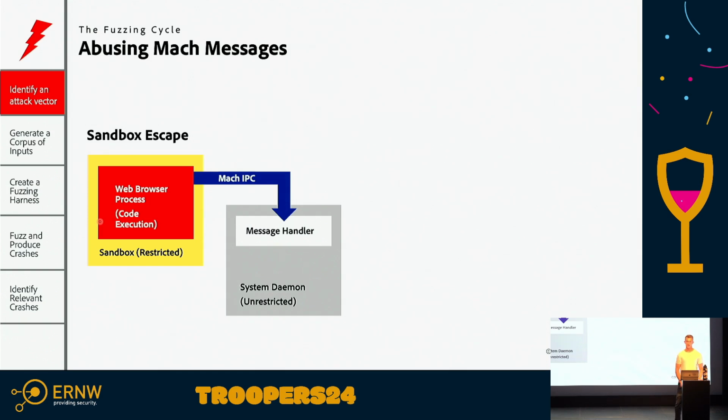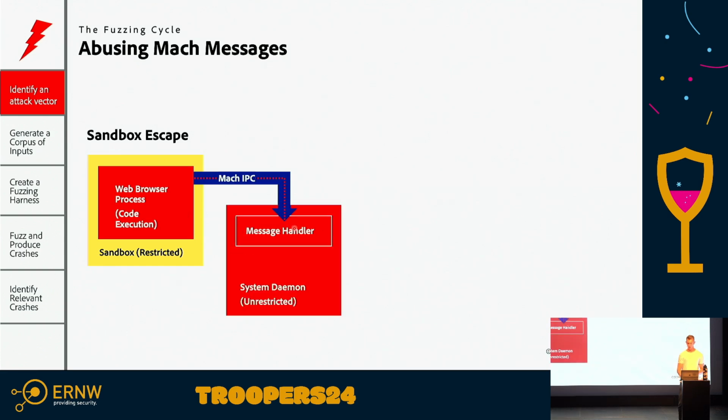They're not going to be able to access files on the system or do really anything that they care about. However, even these restricted sandbox processes can often send Mach IPC messages to other processes on the system, many of which are not sandboxed. So by sending a crafted Mach IPC message to a message handler that we can take advantage of, we could jump out of that sandbox and get into an unrestricted context.